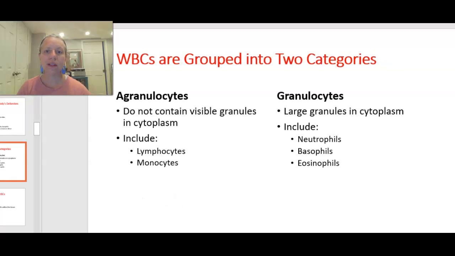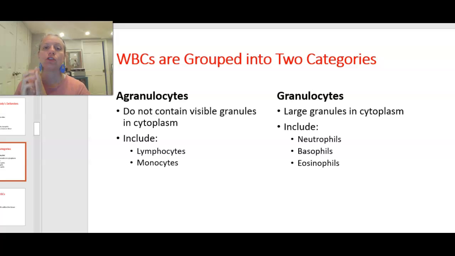Okay, white blood cells can be grouped into 2 main categories. They can be considered granulocytic or agranulocytic. So anytime you see the term A, it means without. Okay, so agranulocytes don't have visible granules in their cytoplasm when you stain the cells with red and blue stain so that you can see them on a slide.